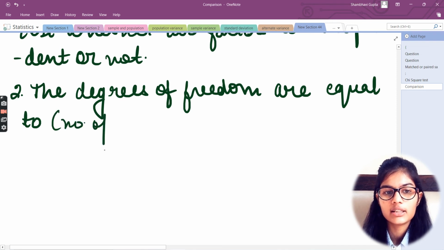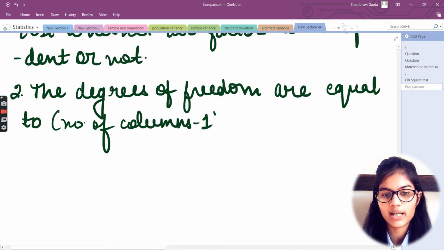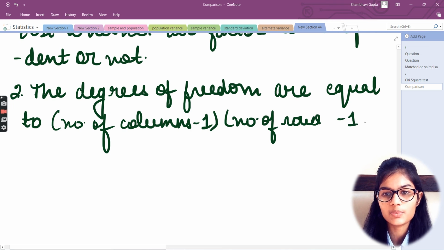So here goes number of columns minus 1, and next we have number of rows minus 1, right? So this is the degrees of freedom, and it is equal to both of these things.